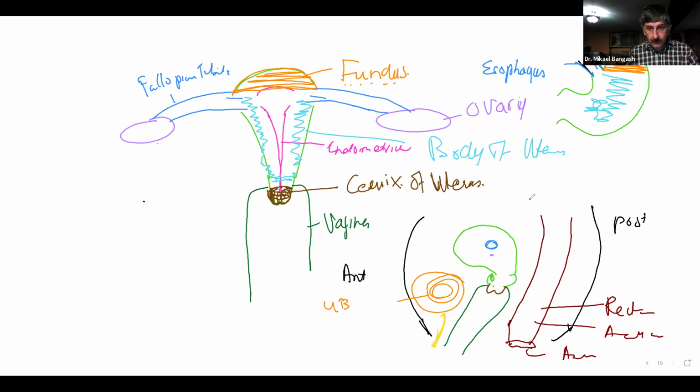But what we have is peritoneum coming down like this. Now that peritoneum is going to make a U-turn along the posterior wall of your uterus.